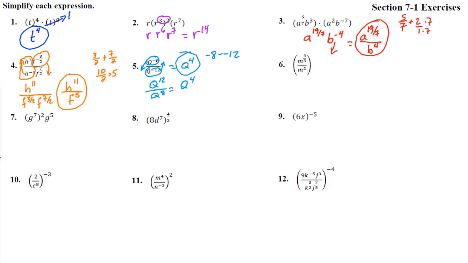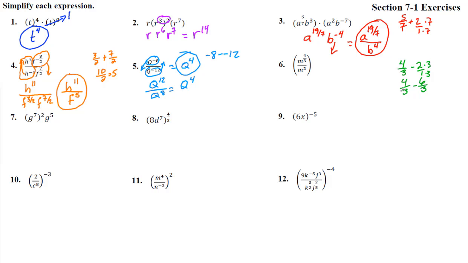Number 6. This is just a division rule, so we're going to be subtracting. So we've got to do 4/3 minus 2. So that's 4/3 minus 6/3. Again, common denominator, times by 3, times by 3.